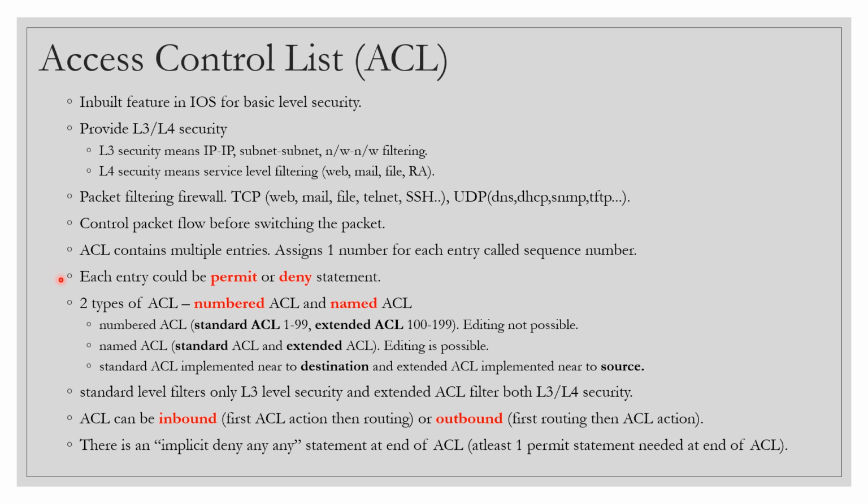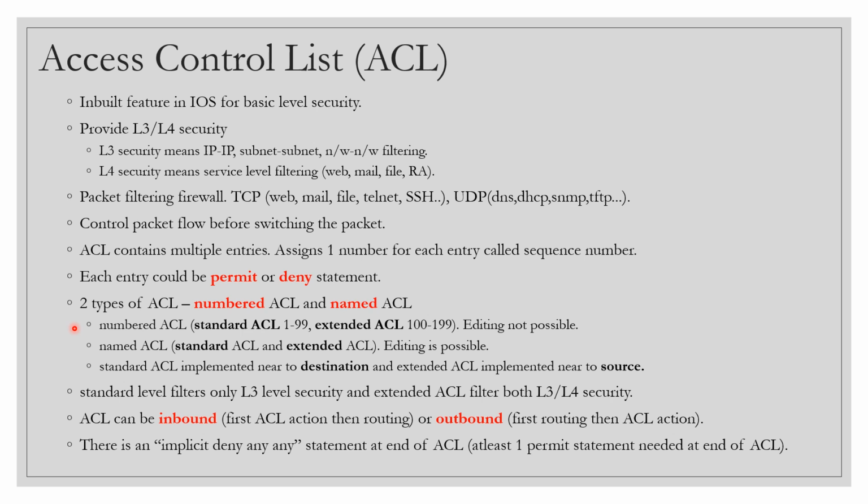Each entry in the ACL is simple. It can be either a permit or a deny statement. Permit means it will allow, and deny means it will block. Now, ACLs are broadly of two types: the numbered ACL and the named ACL. The numbered ACL is again divided into two parts.